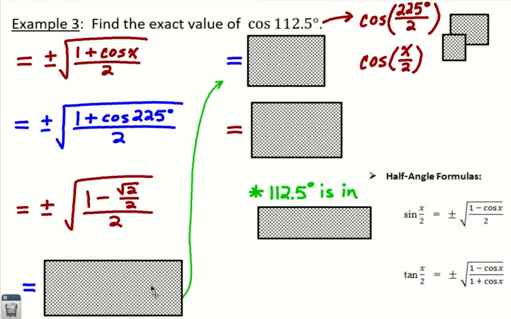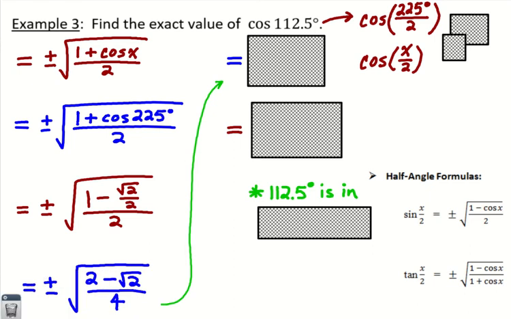Well, there's a couple different ways to do it, but what I am going to do is multiply the entire top of this fraction by 2 and the entire bottom of the fraction by 2.